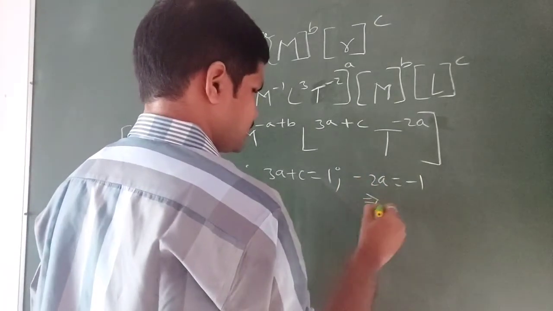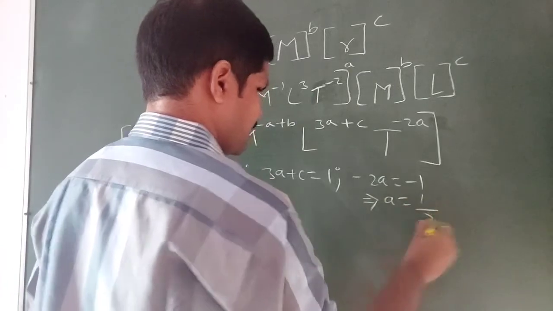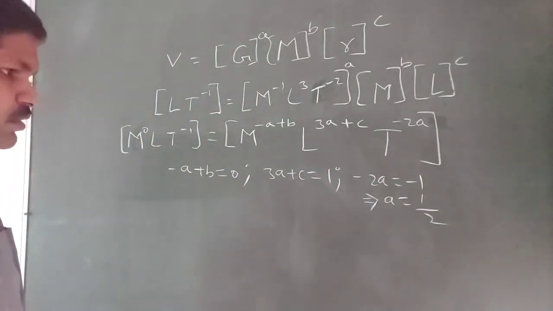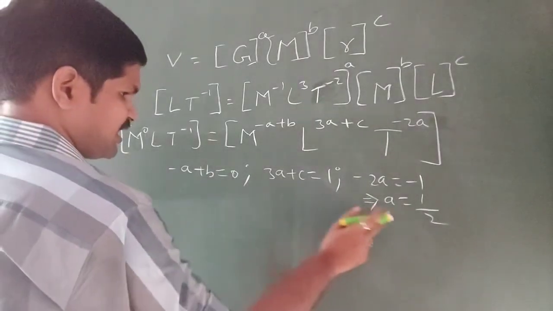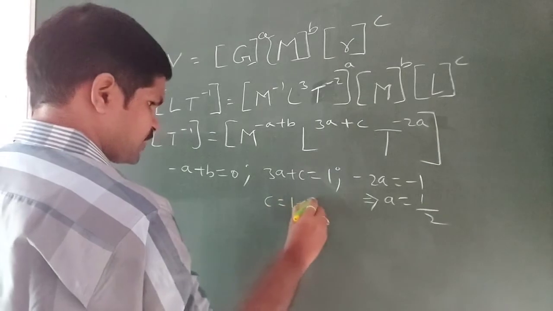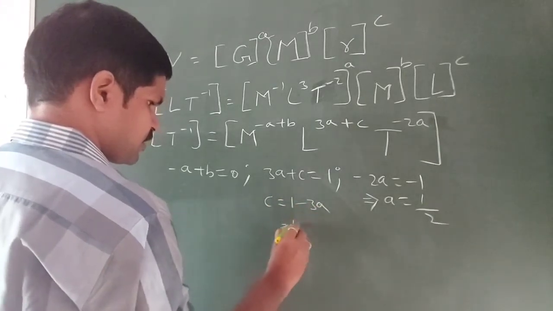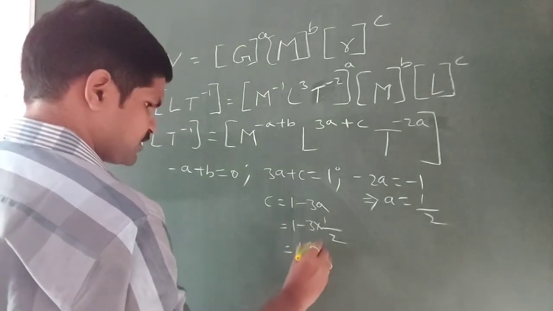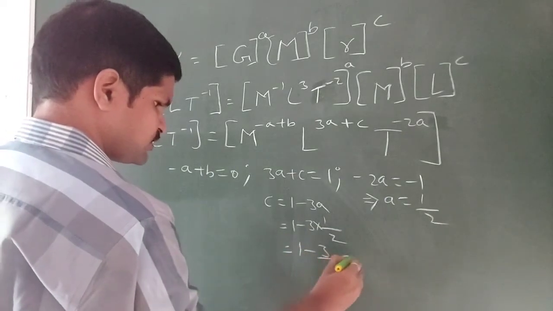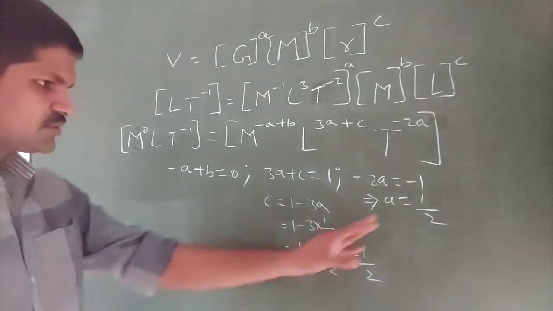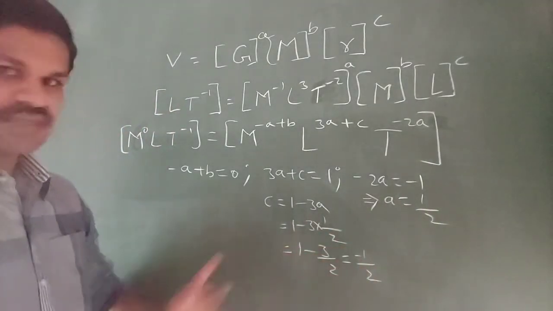From this we can easily get A is equal to 1 by 2. Writing the value of A in this equation, C is equal to 1 minus 3A, that is 1 minus 3 into 1 by 2, which is 1 minus 3 by 2, equal to minus 1 by 2. So we have got the values of A as well as C.